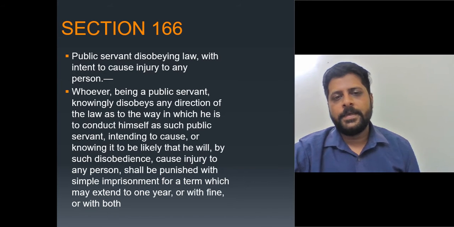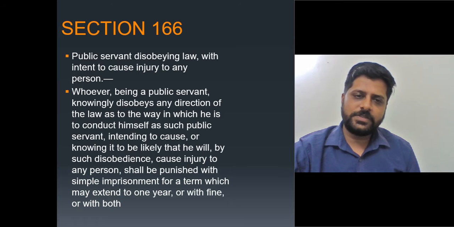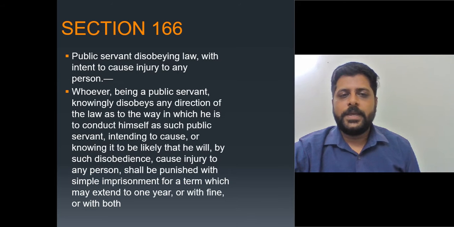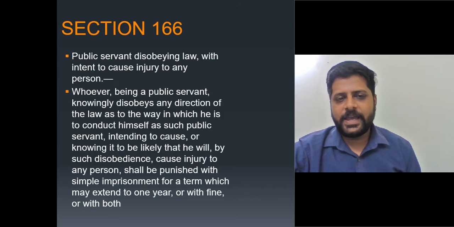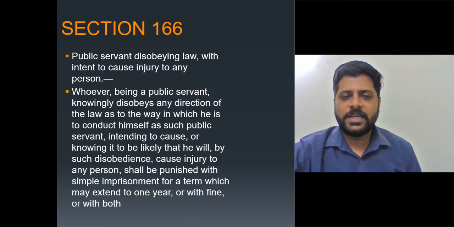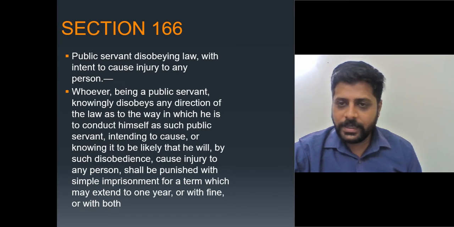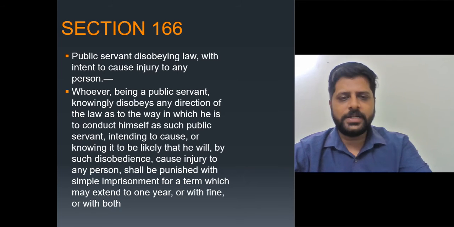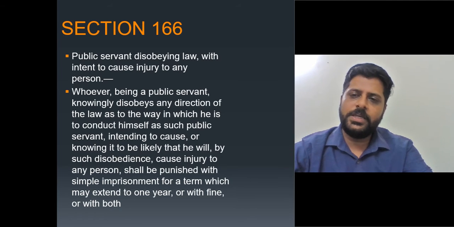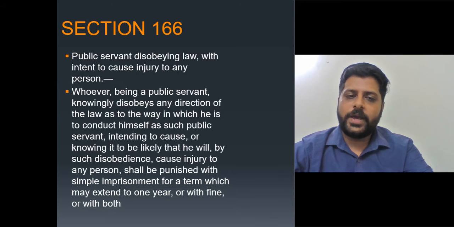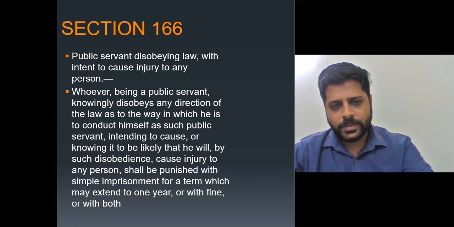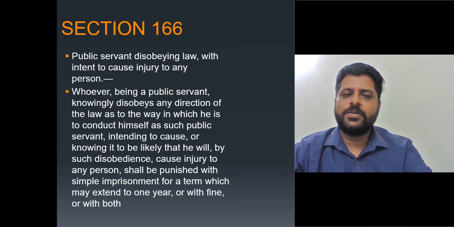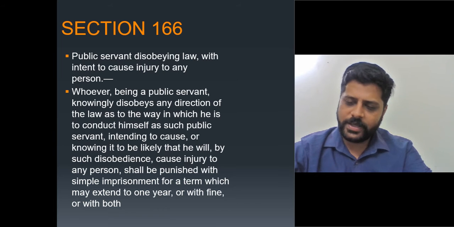In that case, if he does not follow the particular directions prescribed in the law, and in his conduct he has the will and knowledge that by such disobedience he will cause injury to any person, then that public servant shall be punished with simple imprisonment for a term which may extend to 1 year, or fine, or both.